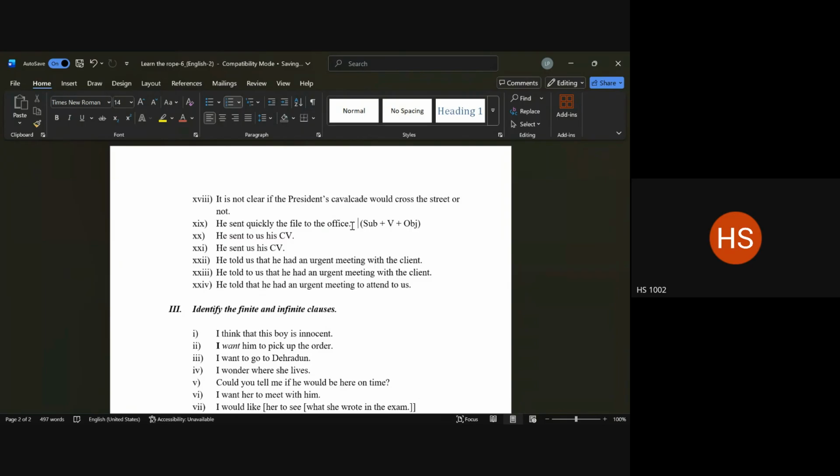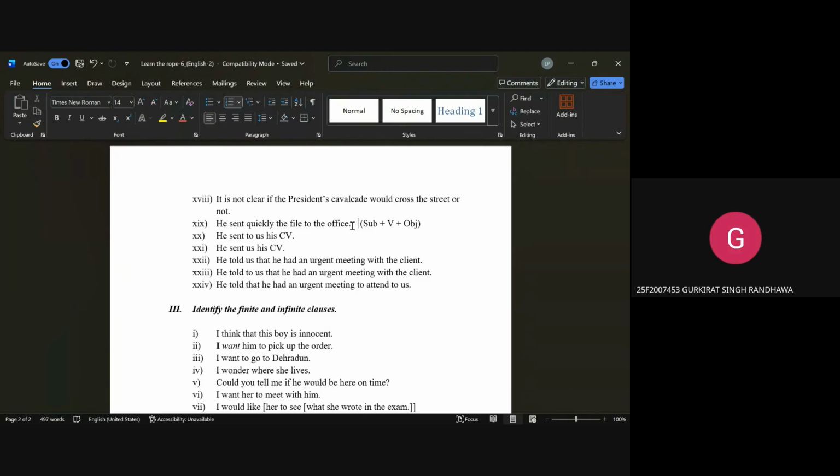You have "he" as the subject, "sent" as the verb, and "the file" as your object. The rest you can ignore. "To the office" I'm ignoring for the time being because it is anyway a prepositional phrase. Basic skeleton, you have "he," "sent" and "the file." Now you have to decide where to place the adverb.